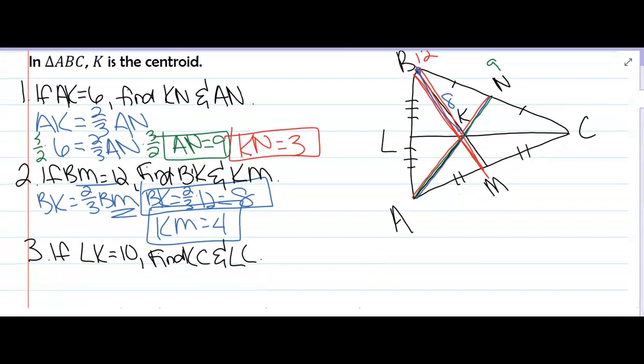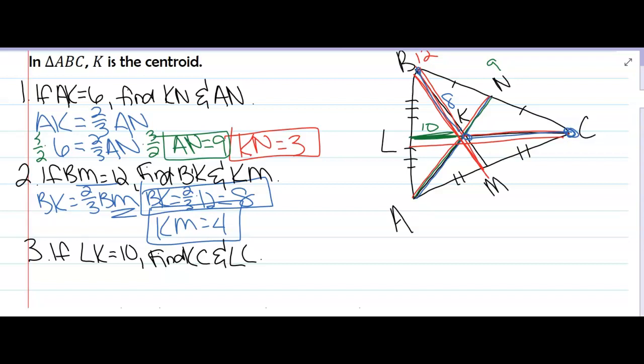All right, so let's see what information we're given here. They tell me LK, this distance right here, is 10. Now, here's where you have to be careful. We are wanting to find the other two parts. We're wanting to find this distance here and then the distance of the whole thing. I think probably the easiest thing to do first is find the distance of the whole thing. Now remember, this distance from C, from the vertex to the centroid, is 2/3 of the whole length.